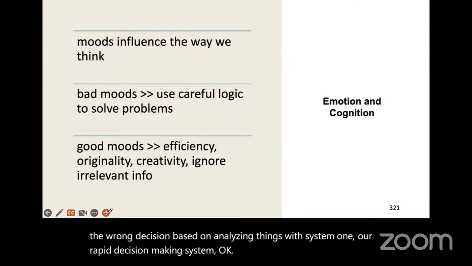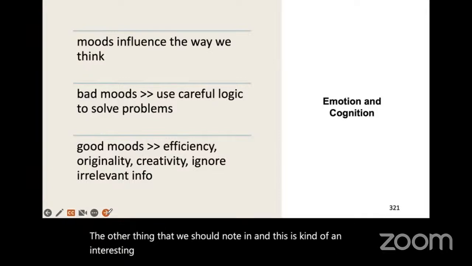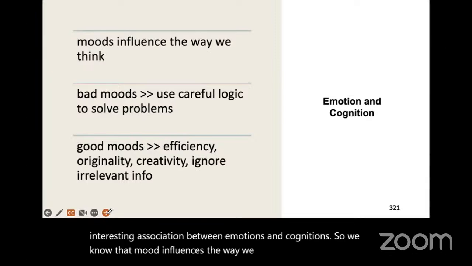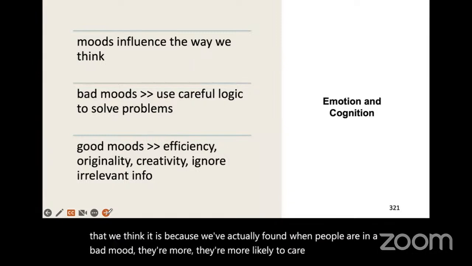The other thing that we should note, and this is kind of an interesting association between emotions and cognition. So we know that mood influences the way we think. It just may not be the way that we think it is, because we've actually found that when people are in a bad mood, they're more likely to carefully use logic to solve a problem.